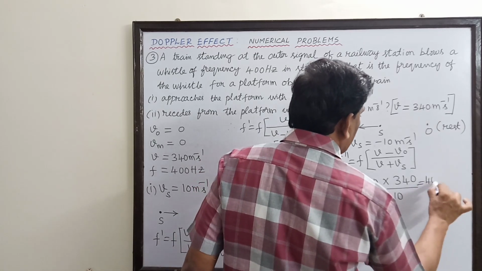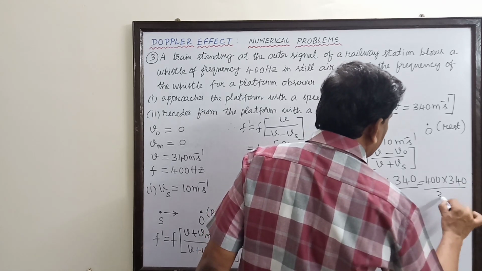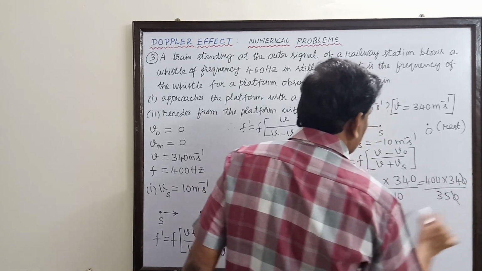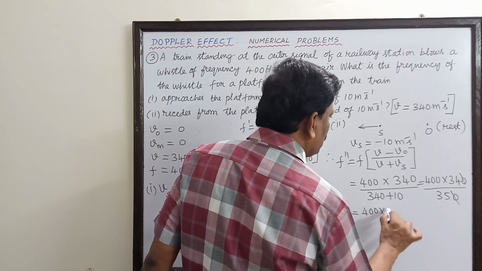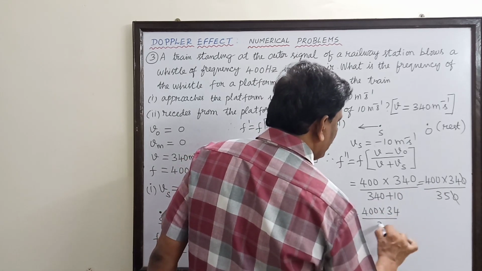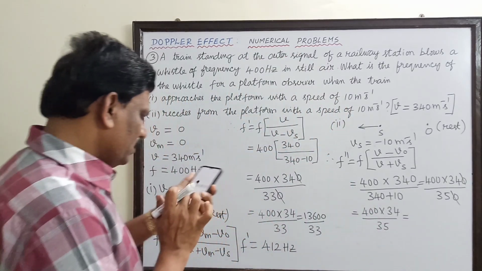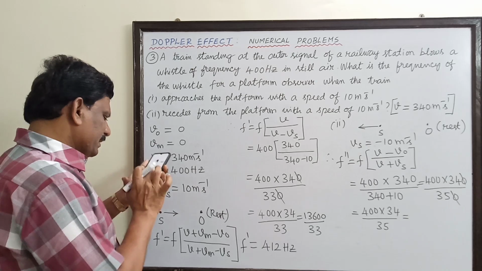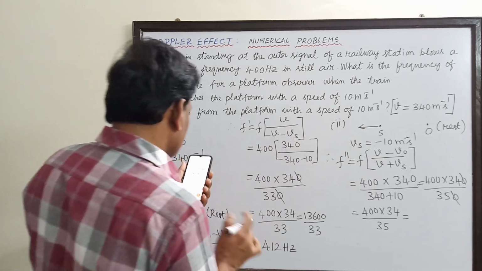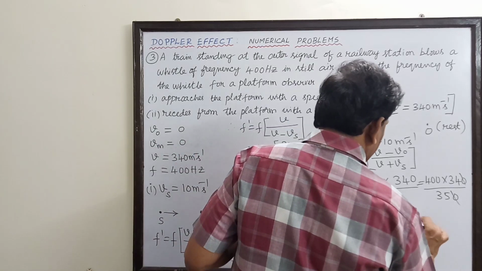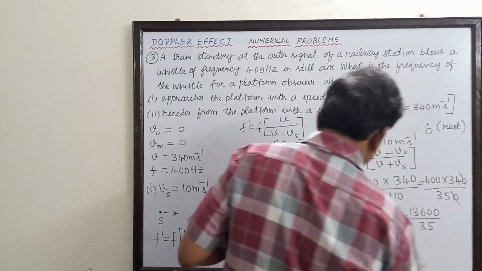So this is equal to 400 into 340 divided by 350. So that this is equal to 400 into 34 divided by 35. So 13,600 divided by, this time the denominator is 35.